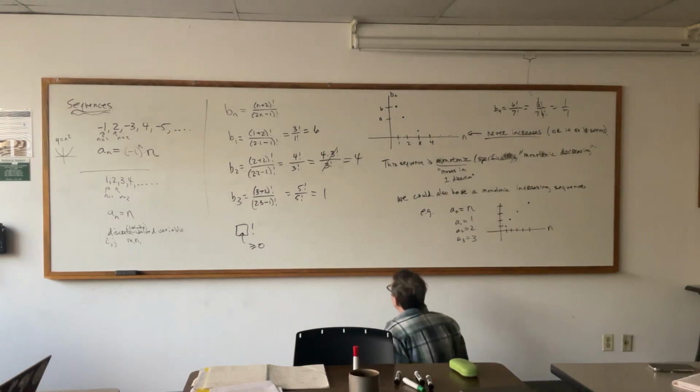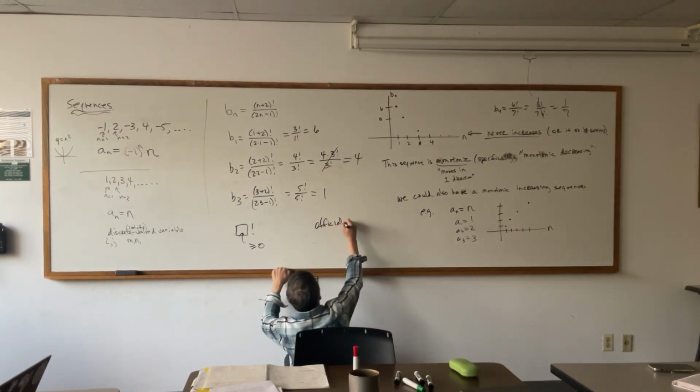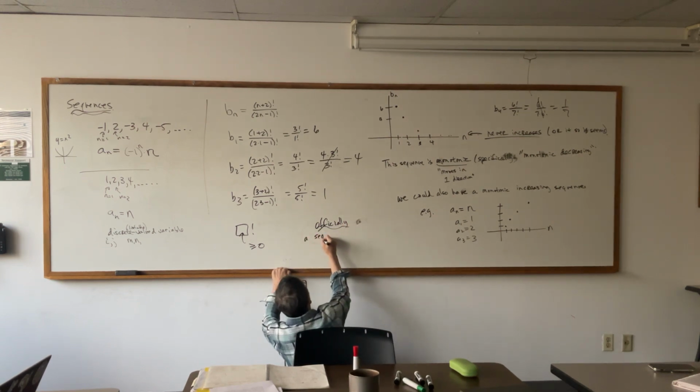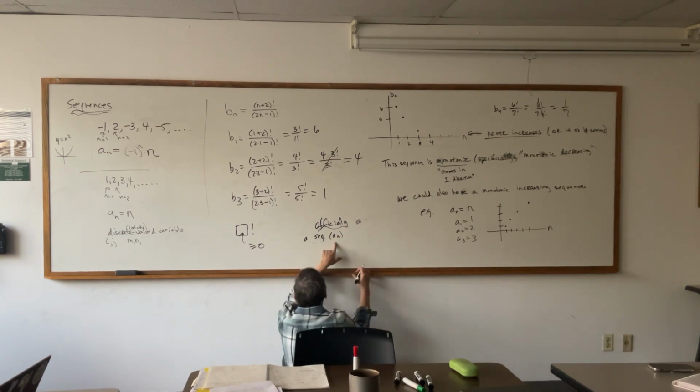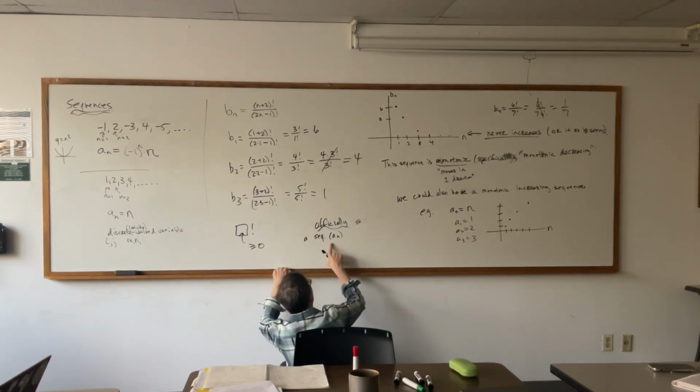So here's the official definition. Officially, a sequence a sub n, notice this notation. I'm doing a bunch of different things today, kind of putting together what we had with pushing forward just a little bit.